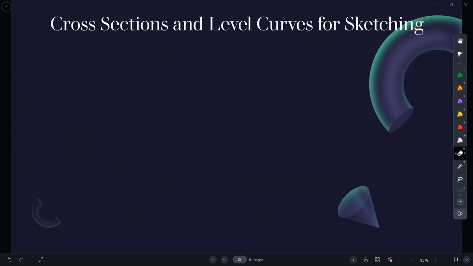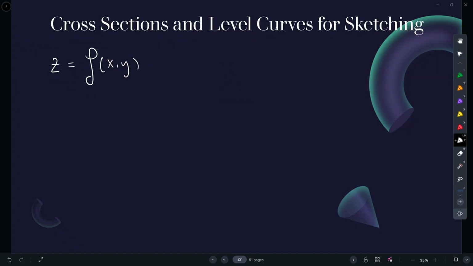How are we going to do graphs of more complicated functions, something with a logarithm, exponential, sine, cosine? We're going to just do cross sections like we did in the case of quadrics. So I have a function, some f of x, y, and z equals f of x, y.